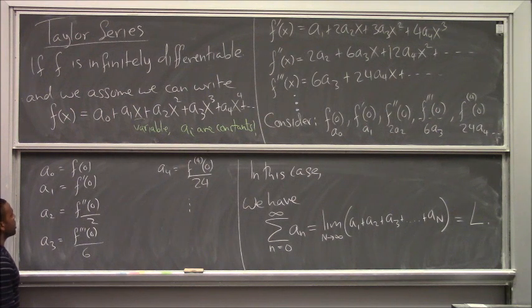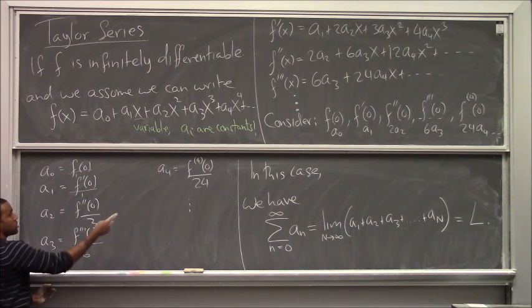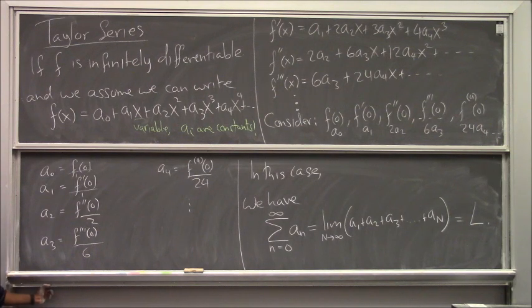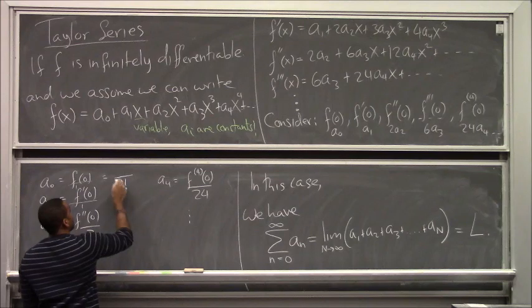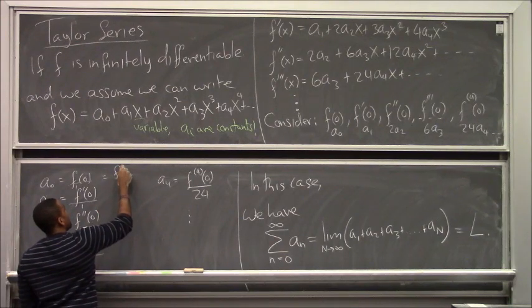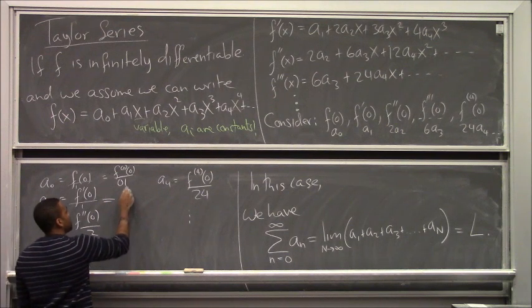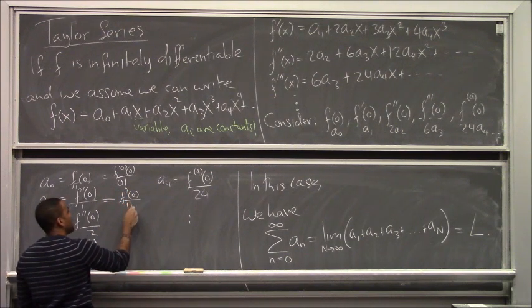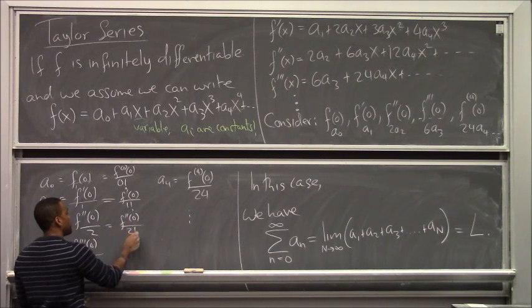You'll notice that the denominators, 1, 1, 2, 6, 24, can be written as factorials. So this guy is over 0 factorial. This is the 0th derivative evaluated at 0 over 0 factorial. This guy is the first derivative evaluated at 0 over 1 factorial. This guy is the second derivative evaluated at 0 over 2 factorial.